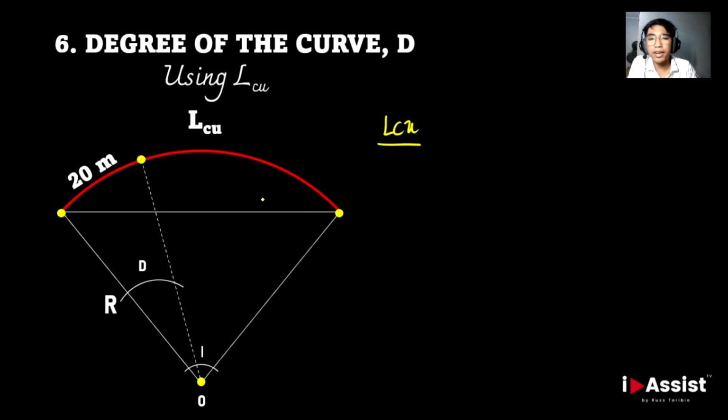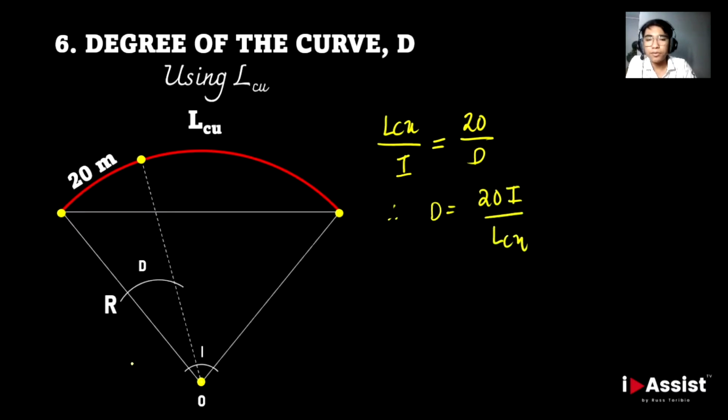LCU is part of I. LCU is to I. Yung angle na I, ang tinuturo niya sa LCU. So, lagay natin I. Equal daw ito sa, ano naman yung tinuturong ang length nitong D? So, that's 20. Tinuturo naman siya ni angle D. Therefore, D is equal to 20I over LCU. Okay? Where your I is in degrees.